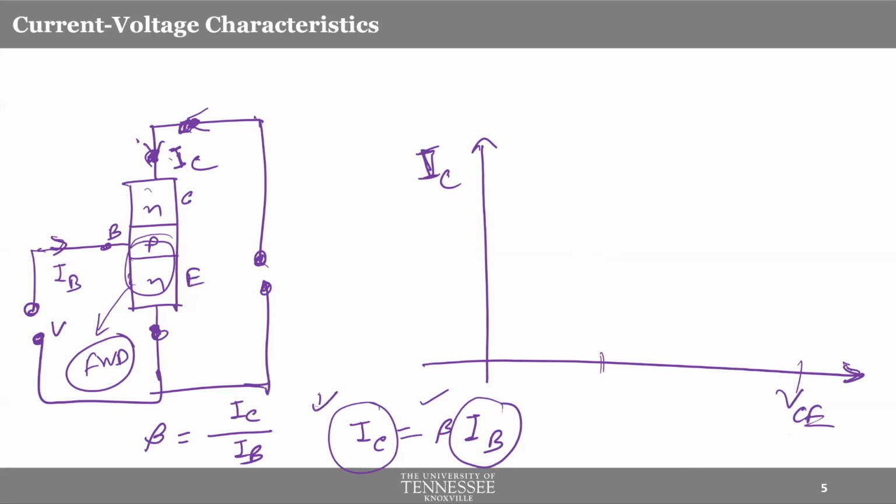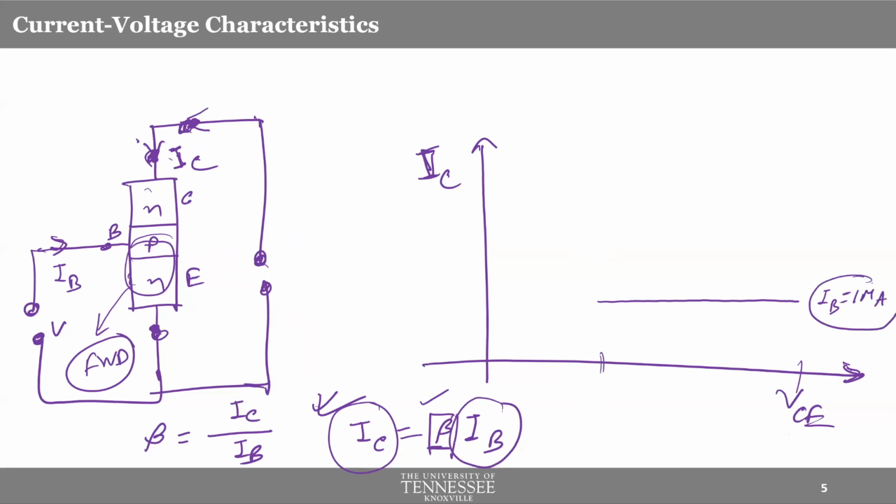Your IC will become maybe a constant times beta. So let me start taking some numbers. If you apply maybe IB equal 1 microampere, this is corresponding to IB, by the way.